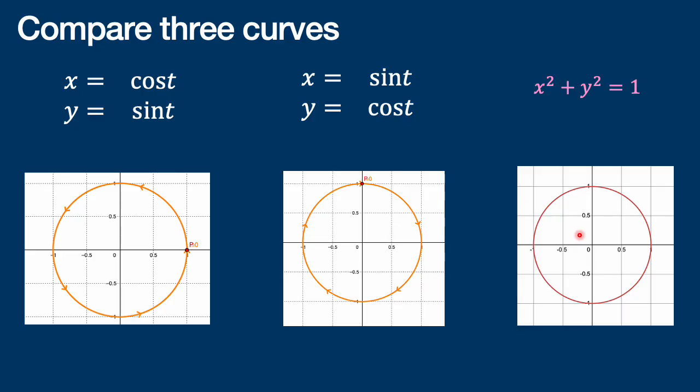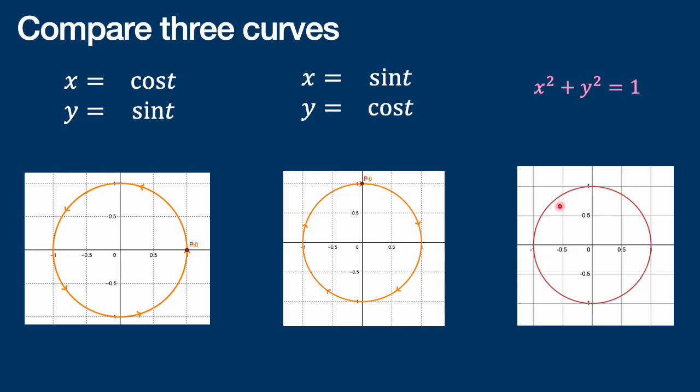The third one is a circle. It doesn't have any direction, any movement. It's just the equation of a circle, x squared plus y squared is 1. What is the difference between the 3 curves? The first two show the direction where they start.